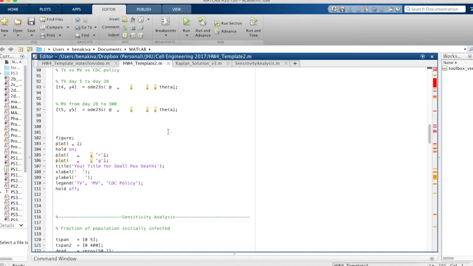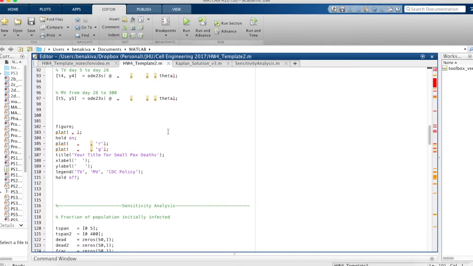Okay, and then you're going to want to do a similar thing to what you did above, where you create an array that has the number dead over time for phase 1, followed by TV phase 2, and then MV phase 2. So you can use a very similar loop to what you did above, except you already should have all of the number dead over time for phase 1.